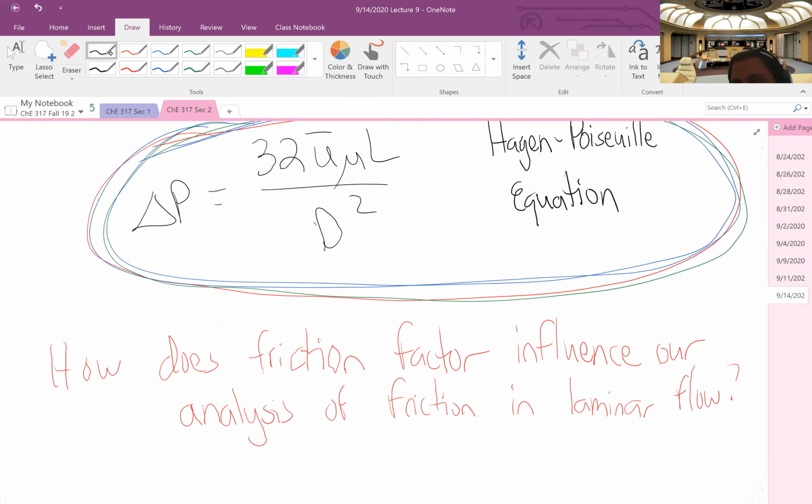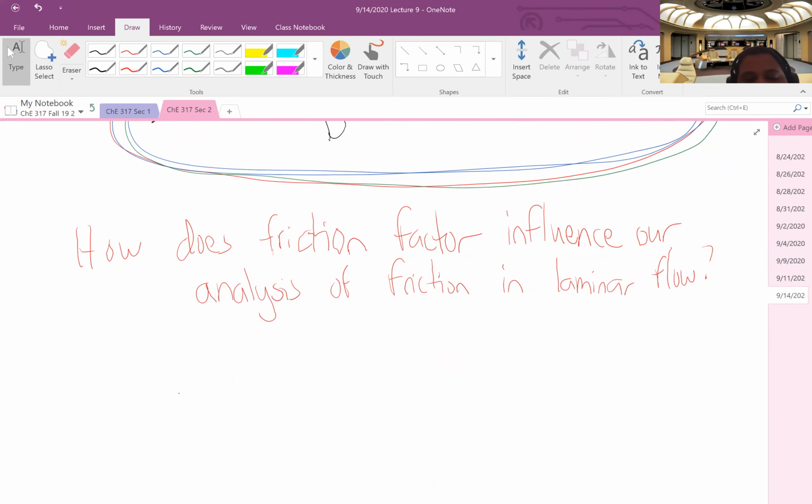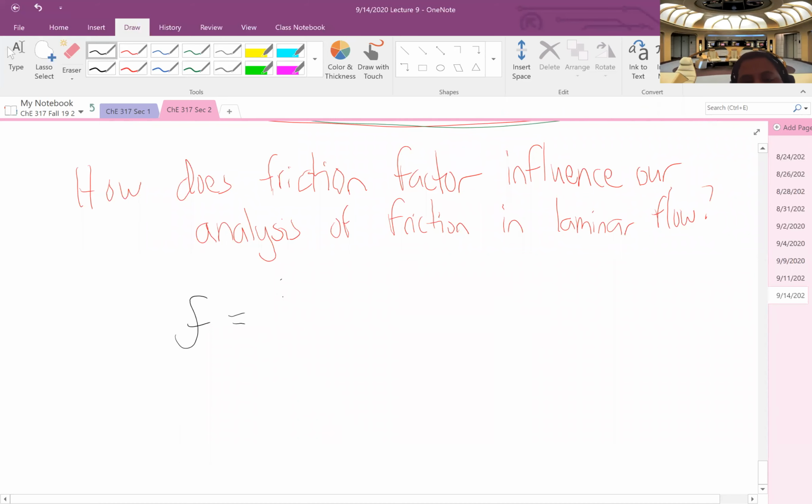Well, if we recall from earlier, we had defined our friction factor F as what? Let me grab my notes, take a quick look. Of course, it's the page that's way at the bottom. Oh, here it is. 2 tau W over rho U squared.